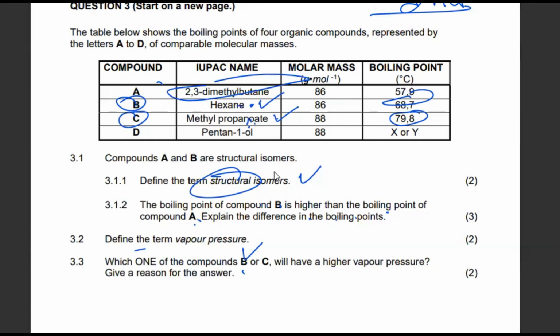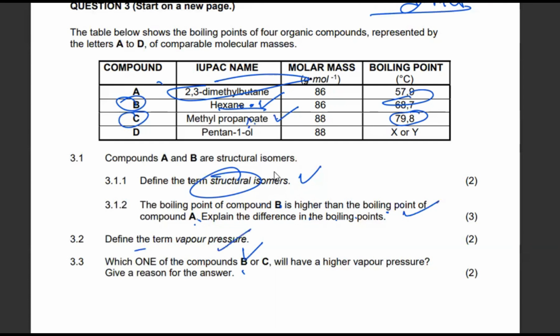If it's branched, it's more spherical, so it has a smaller surface area. Therefore, it has weak forces of attraction. While B is a straight chain, it has a large surface area, therefore it has stronger intermolecular forces of attraction, hence its boiling point is going to be higher. So that's how you're supposed to explain.